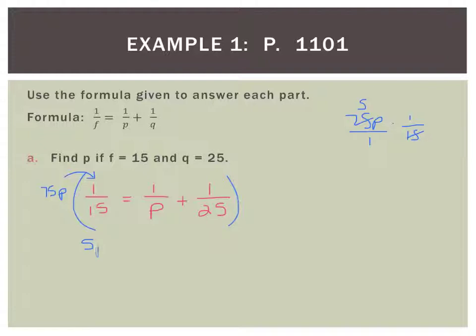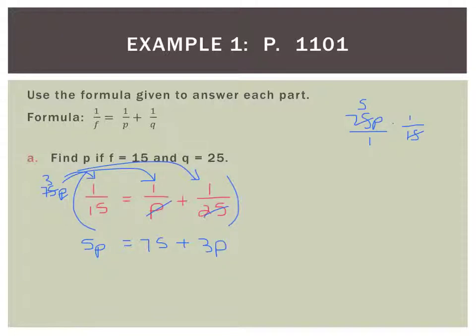So that's just going to be 5p. And then on the second case, the p's cancel and you're left with 75 times 1. And then 25 goes into 75 3 times, so it's going to be 3p times 1, which is just 3p.